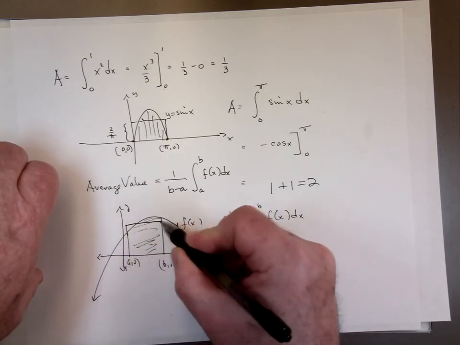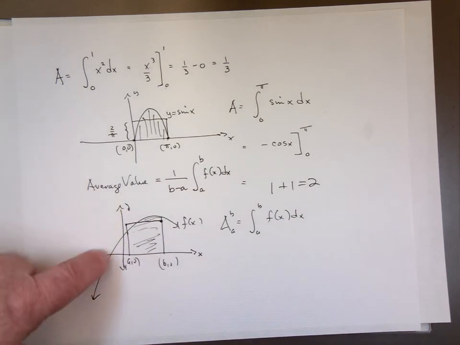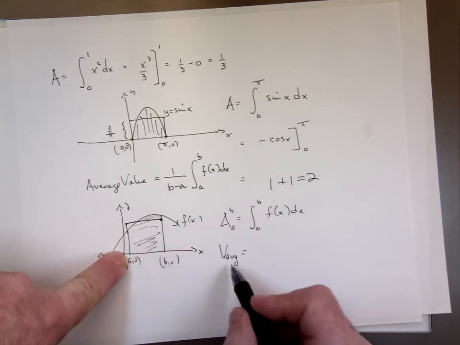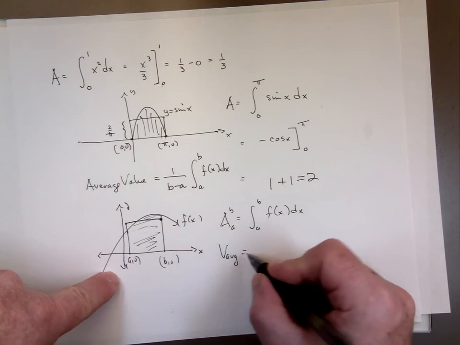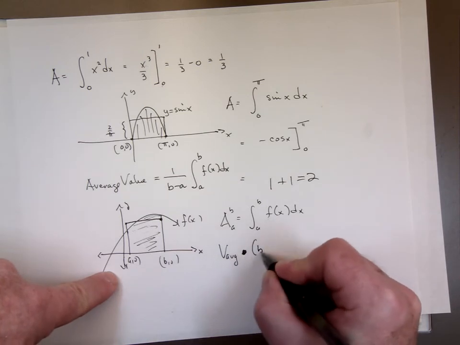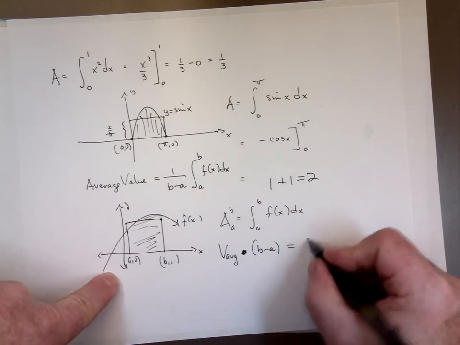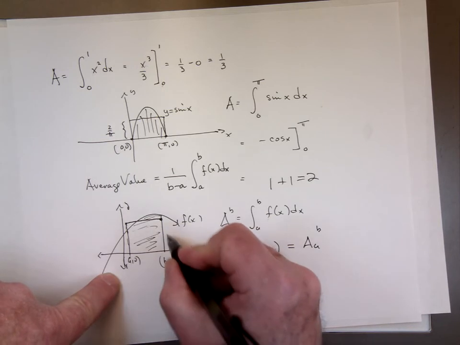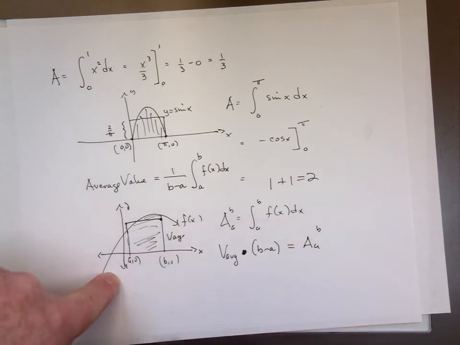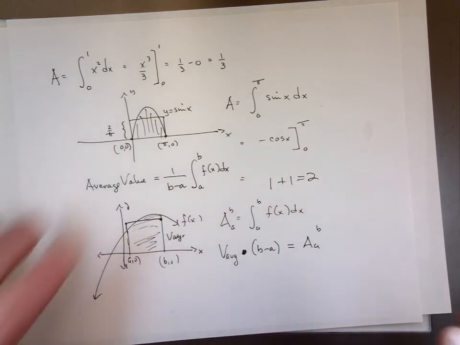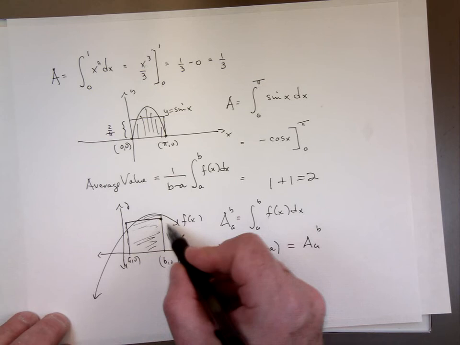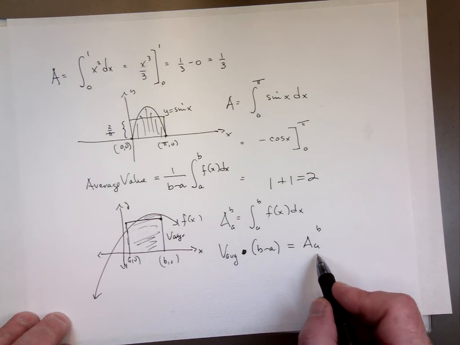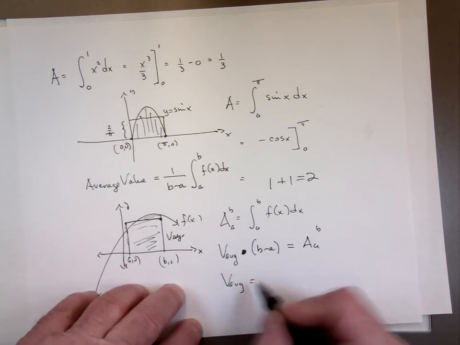So if you take the average value times b minus a, what do you get? You get the area from a to b, the area under the curve. So how do you find the average value? It's 1 over b minus a, bring this on the other side, times the area, which is the integral.